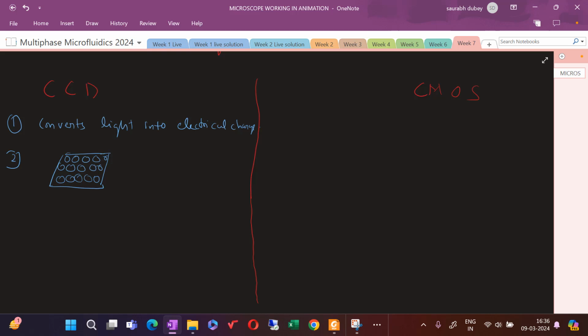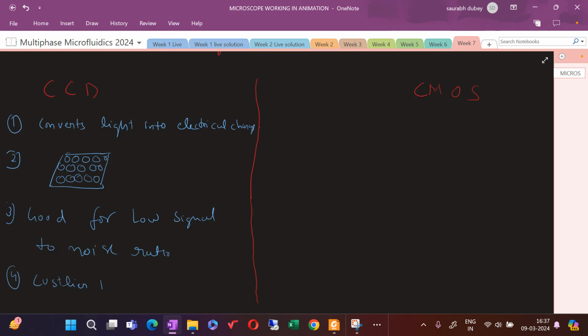So this will be good for a low signal to noise ratio, and this is costlier than CMOS.